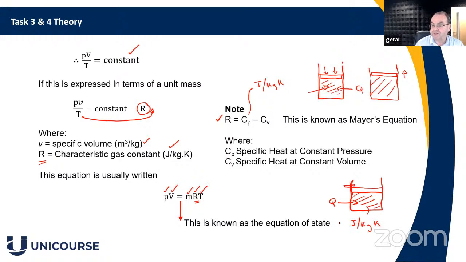That would be specific heat at constant volume, where this one here is the specific heat at constant pressure. So it's only a slight difference in determining the value of specific heats at constant pressure and constant volume. Just bear that in mind, and the difference between the two gives us our characteristic gas constant. I think that's one part of the question, if I remember right. But anyway, let's move on.